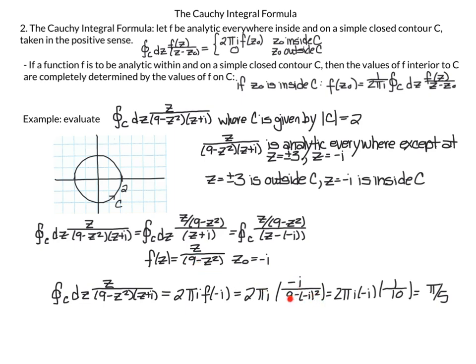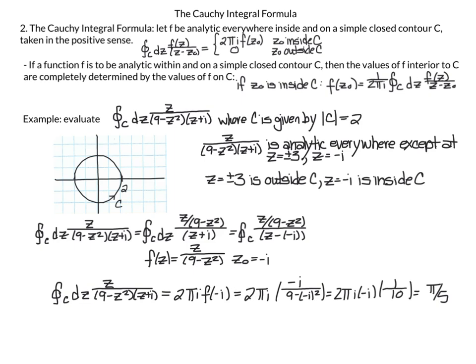So minus i, 9 minus i squared, and when I simplify this, I get 2 pi i times this negative i divided by, this becomes minus i squared becomes a positive 1, but no. Minus i squared becomes a positive 1, so 9 minus 1 should give me 8, so this should be pi over 4.